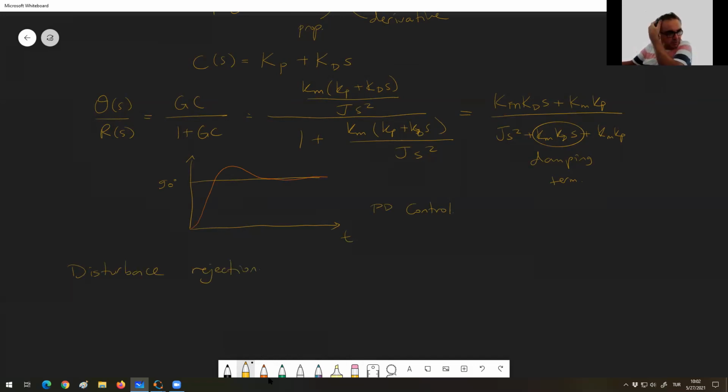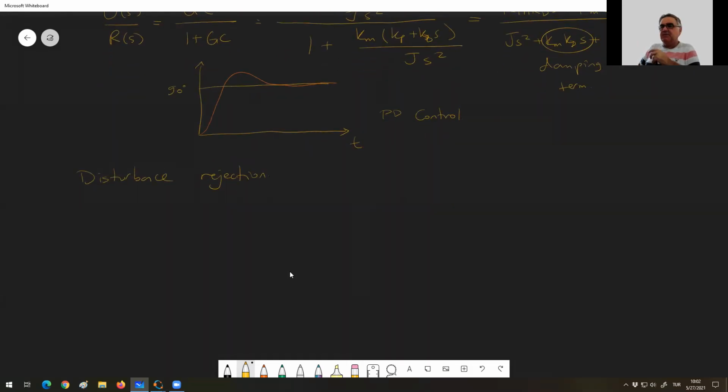This is also important. Now the disturbance rejection case is, as you might remember, the following. The R value is not important here. R of S is 0, but there is a disturbance on the system. There is a controller.